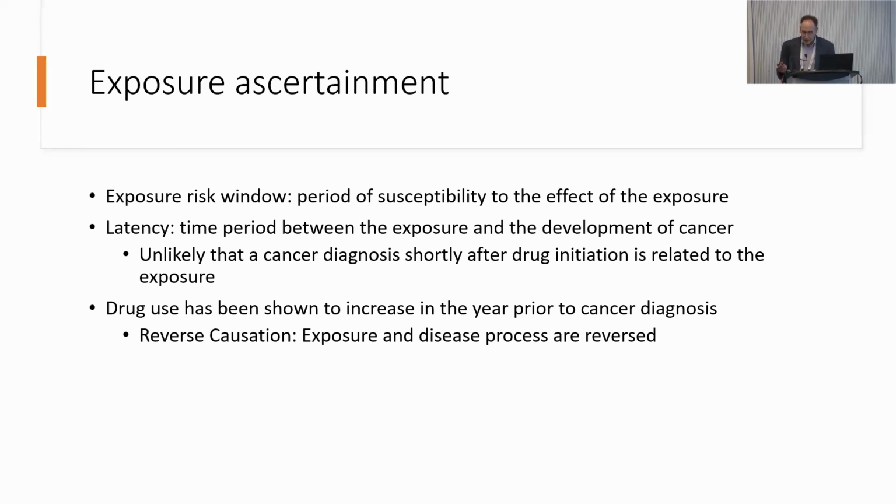So just looking at the data, it looks like there's an association between the drug and prostate cancer. However, it was treating the symptoms of an undiagnosed prostate cancer. So our goal is to collect a study period that captures the relevant time period of exposure and allows for adequate time to detect cancer as an outcome.